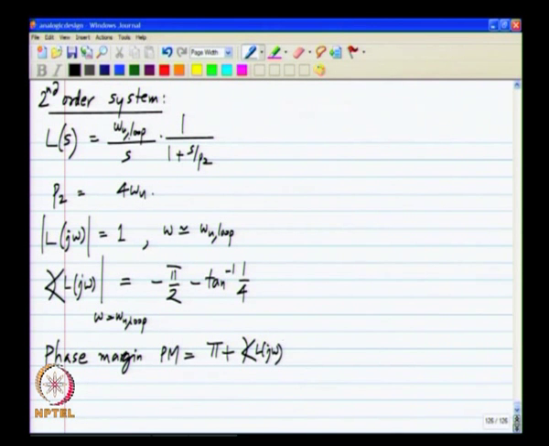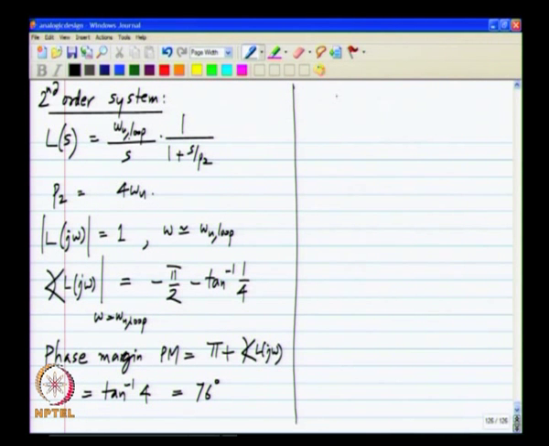So, this tells you how far you are away from the critical point of minus 1, 0 in the Nyquist plot. This is equal to tan inverse of 4, and this corresponds to a phase margin of 76 degrees. This we have already seen.